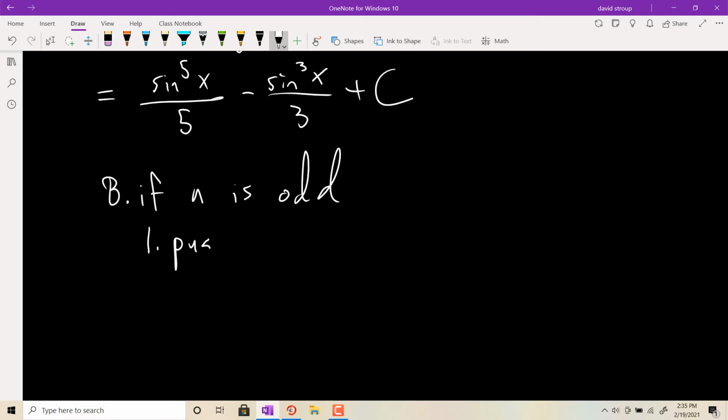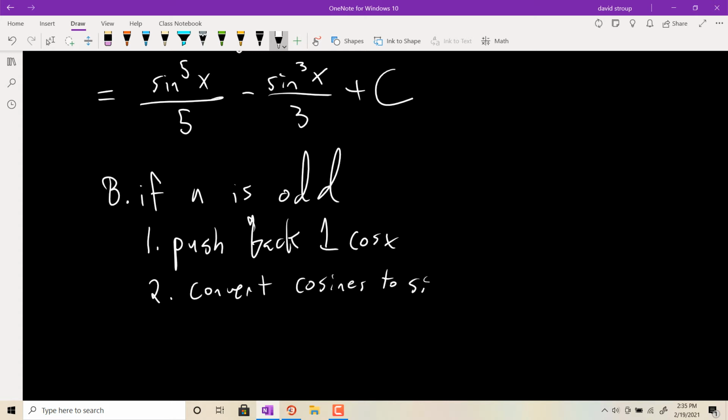So first push or factor back one factor of cosine x. It's just the reverse process of what you saw above. Convert the remaining cosines to sines. In this case, you have your Pythagorean identity saying that cosine squared x is equal to 1 minus sine squared x.